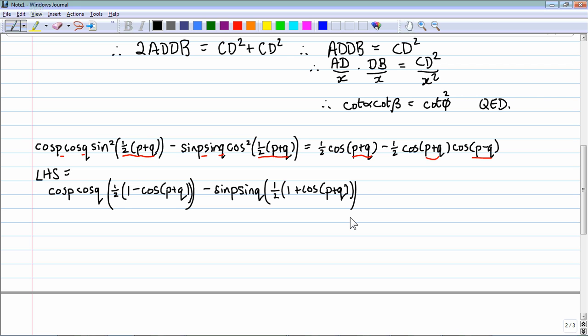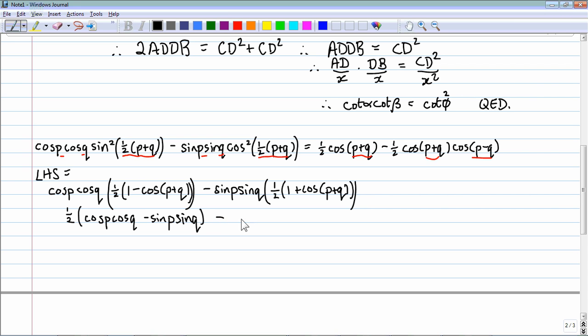Now, let's take out the terms that don't include the cosine (p plus q). Well, that means we've got 1/2 cos p cos q minus sine p sine q. Do you recognize that? You certainly should recognize that. And the terms which include cos (p plus q) look like this.